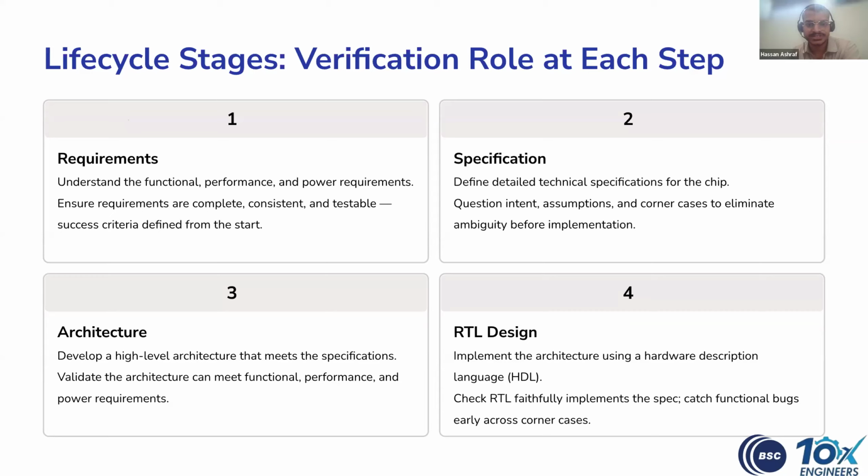And then come the specifications. In this second stage, the architect engineers take the requirements from the business unit, and they define detailed technical specifications for the chip. They question intent, assumptions, and corner cases to eliminate ambiguity before the implementation.